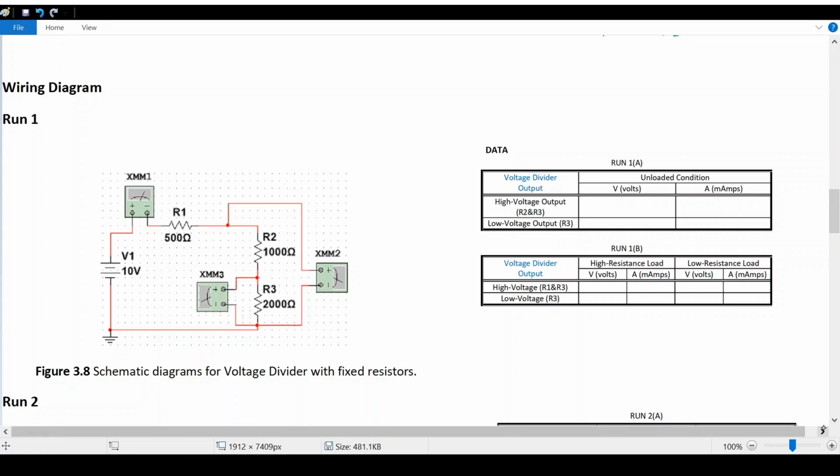In run 1, you will connect 3 resistors in series.